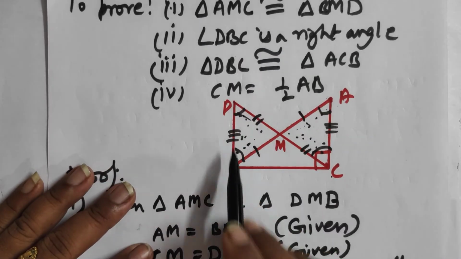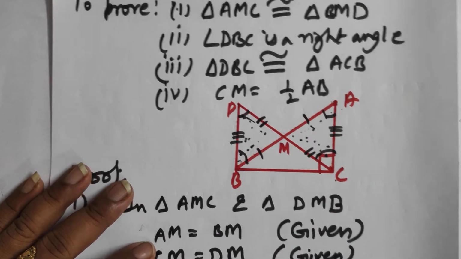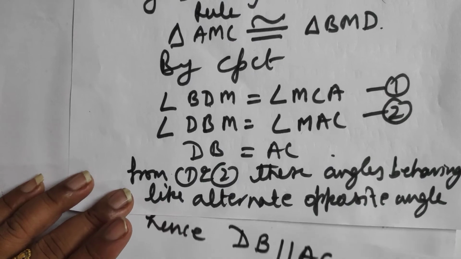Clear? Now DB is parallel to AC. Yes, so these are the 4 points that we have got here.